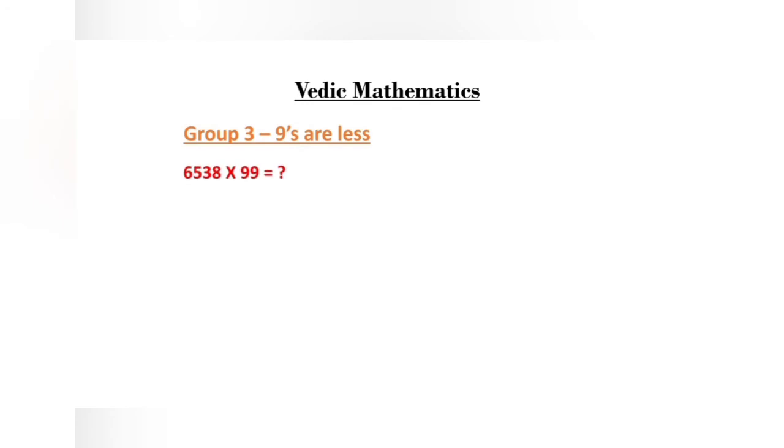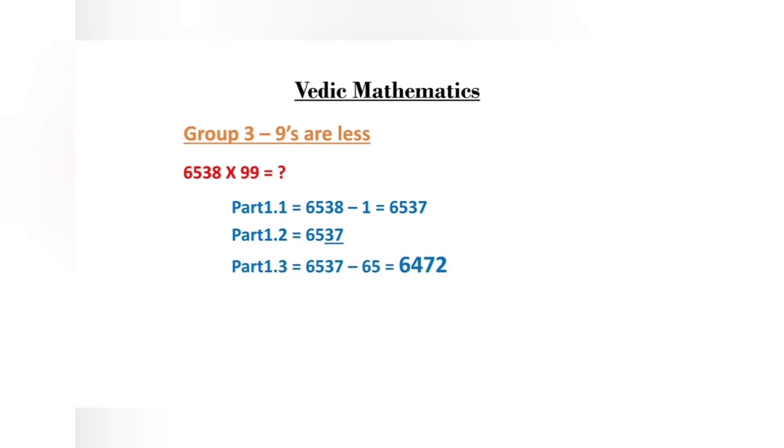We will see the multiplication of 6538 into 99. To find the first part, we will follow the steps below. Step 1: Ekanyunya of 6538 is 6537. Step 2: underlining 3 and 7 in 6537, as 99 has 2 digits.